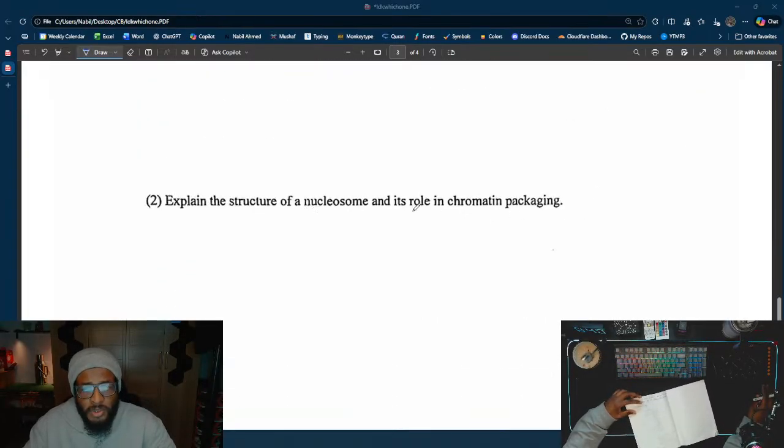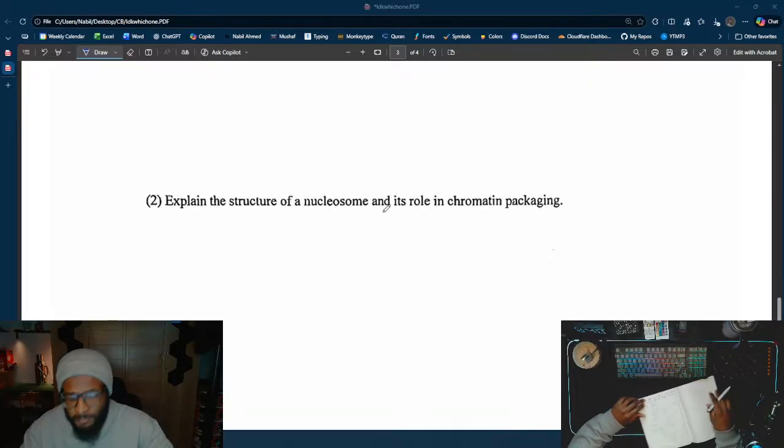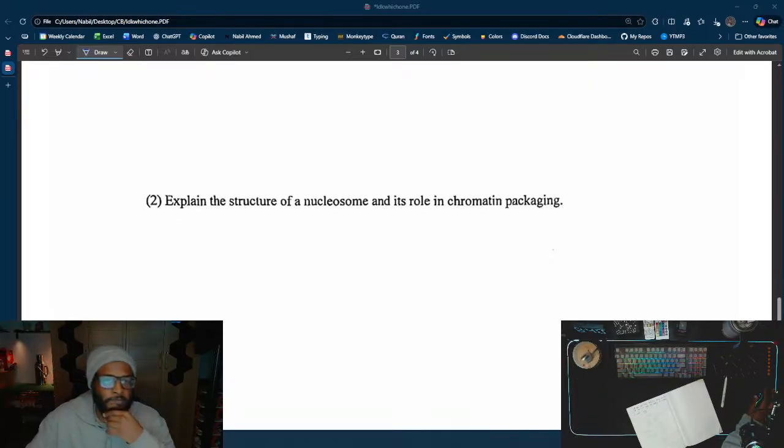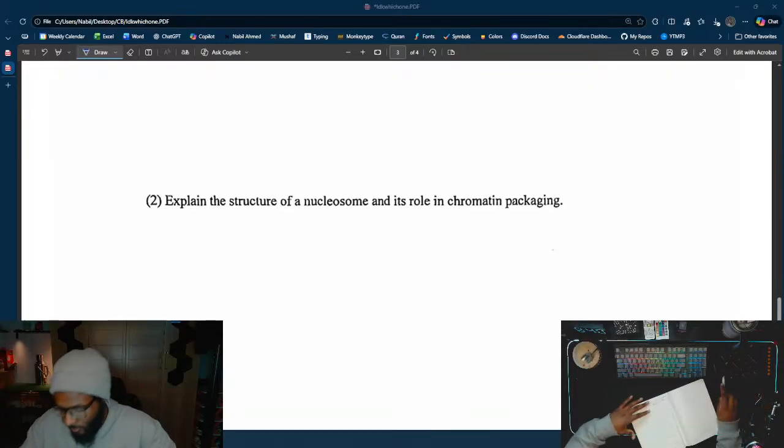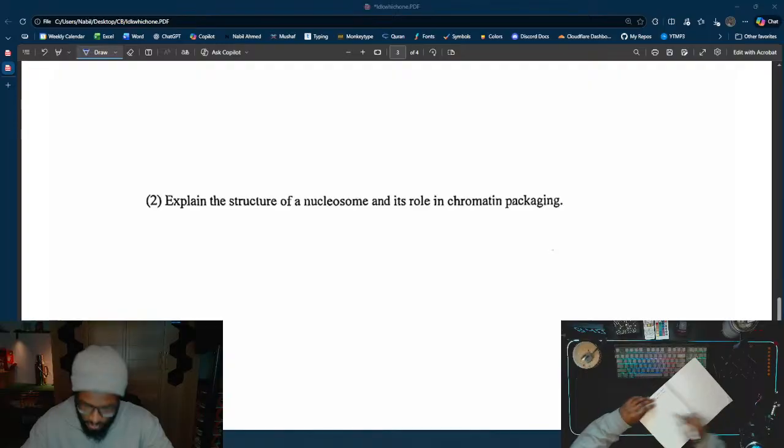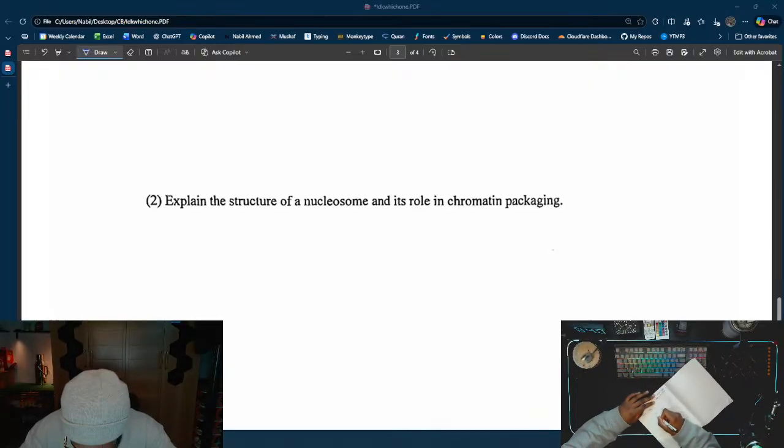Explain the structure of a nucleosome and its role in chromatin packaging. The nucleosome is composed of 8 units: 2 H2A, 2 H2B, 2 H3, and 2 H4.